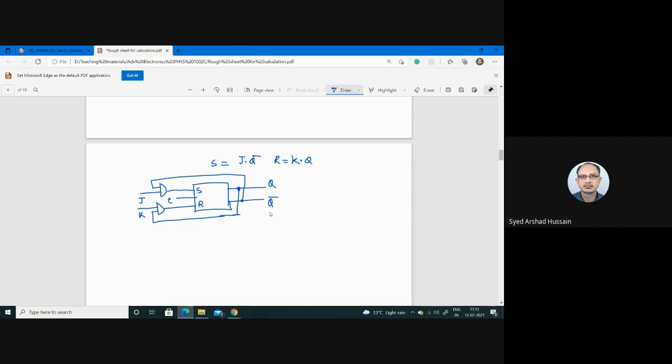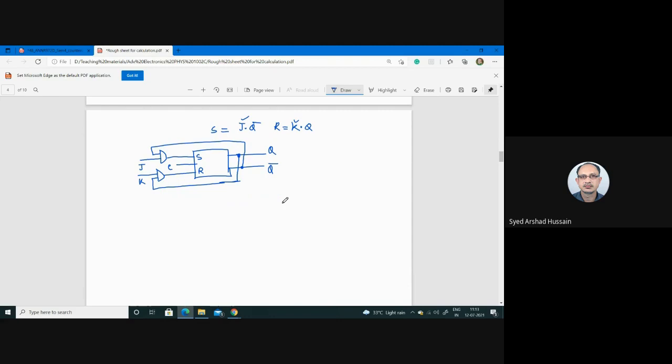Now externally, with the help of J and K, we can control these circuits. If you analyze in detail, I am not going into details, you will see that we have a function table like this: J, K, Q n plus 1.